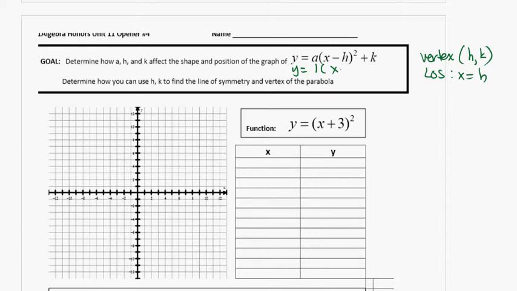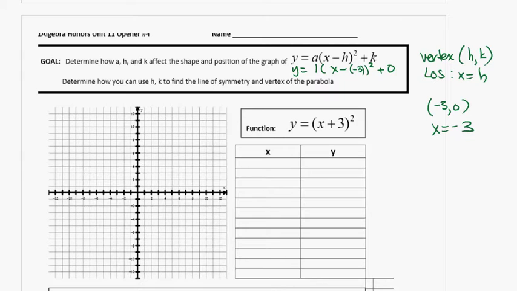But it's minus h, so wouldn't that be minus negative 3, squared, plus 0? So my guess here is that my vertex would be at negative 3, 0, and my line of symmetry would be x equals negative 3.